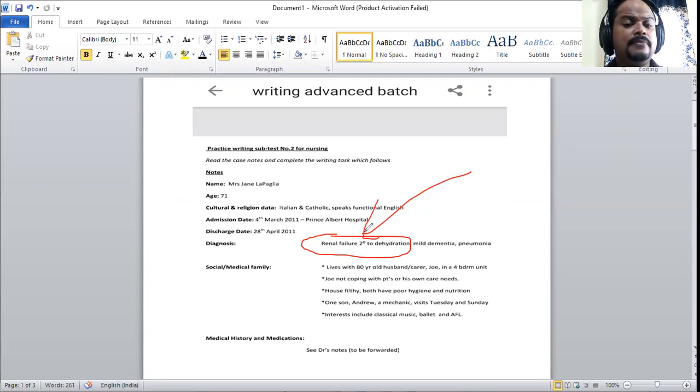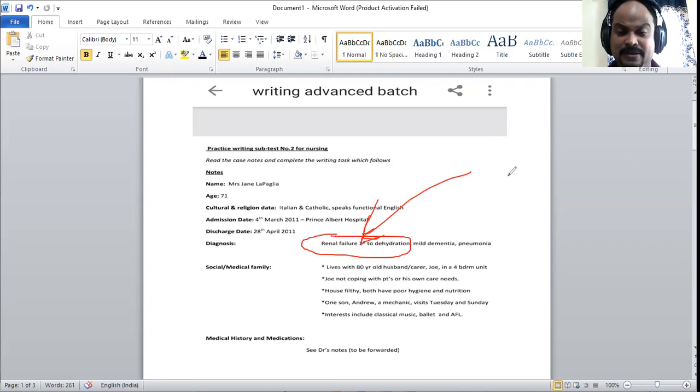This is the primary reason for her admission, and the treatment you have given at your hospital was primarily focused on this. The focus should be given here on renal failure.